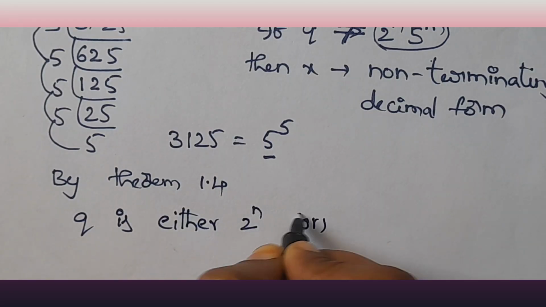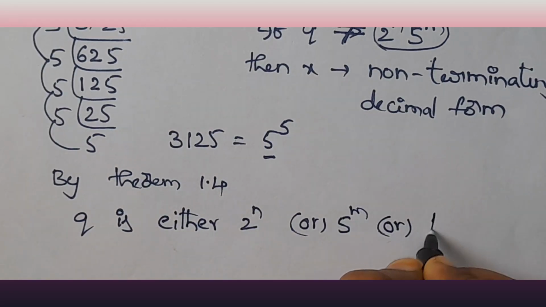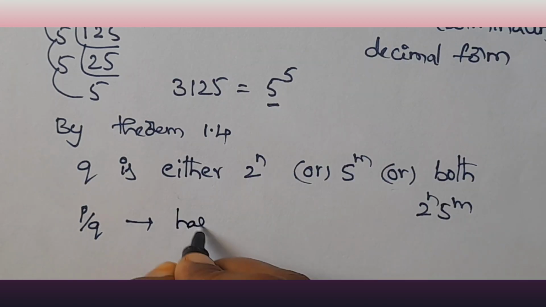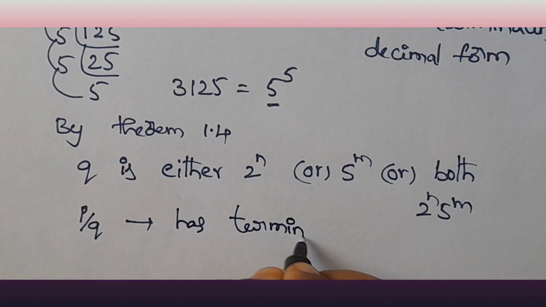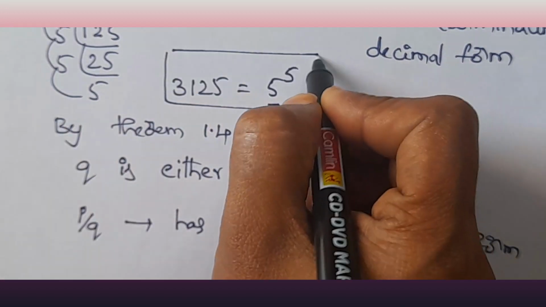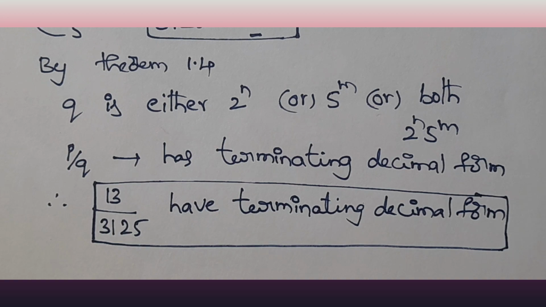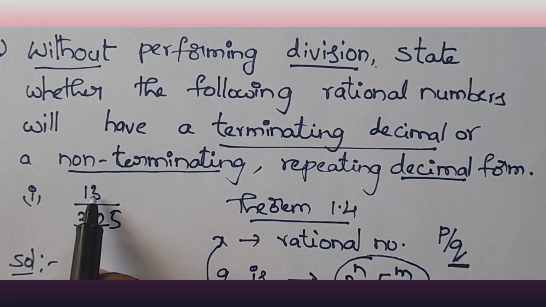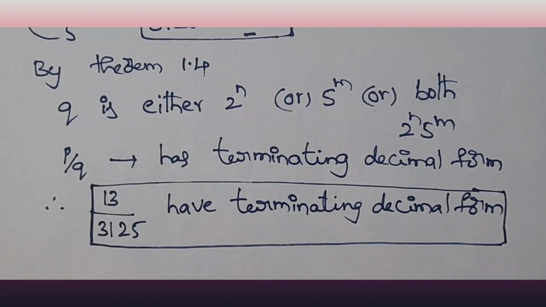By Theorem 1.4, if the denominator q is either 2 power n or 5 power m or both 2 power n into 5 power m, then the rational number has a terminating decimal form. It's clear that the given rational number 13/3125 has a terminating decimal form. Without performing division, we see that the given rational number has a terminating decimal form.